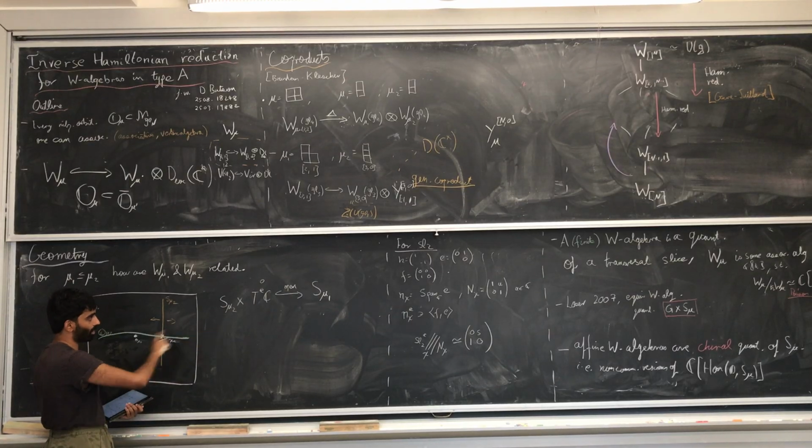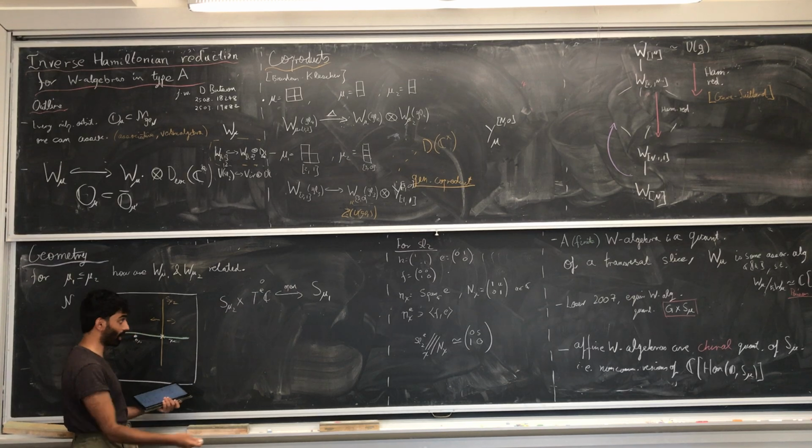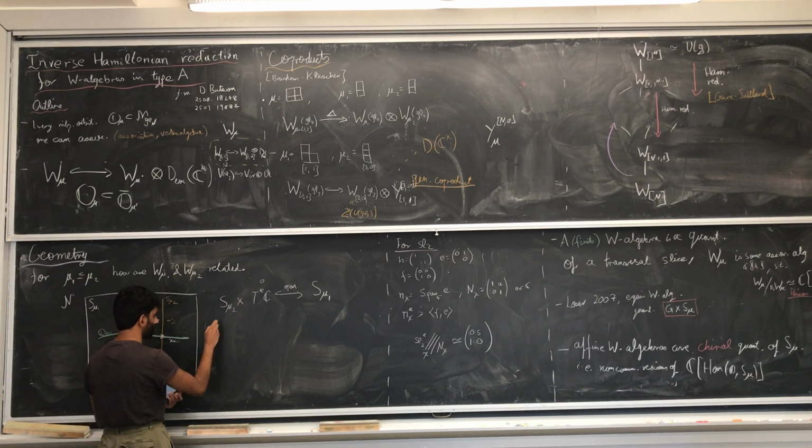Of course, every time I have an open inside some big affine variety, this implies a pullback of functions.